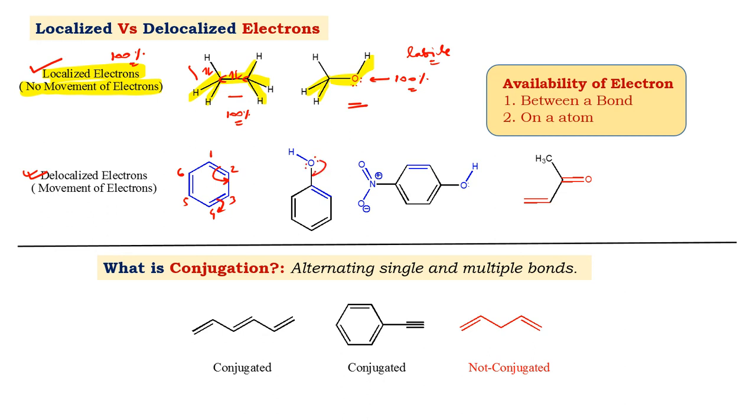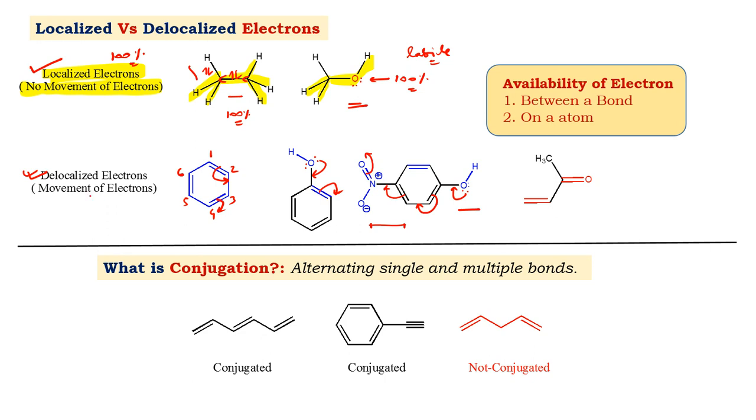The lone pair on oxygen can move from oxygen to carbon. Similarly, suppose we are lengthening the process of resonance by connecting a para nitro group, so that the lone pair on oxygen gets conjugated, and the lone pair on the OH group can be delocalized through the resonance so that it can reach the oxygen of the nitro group.